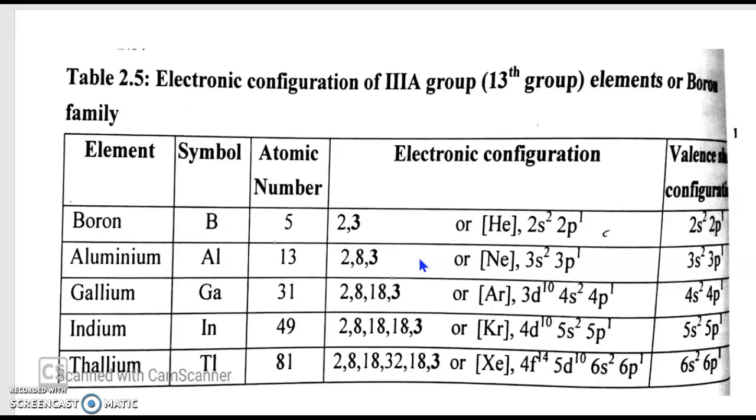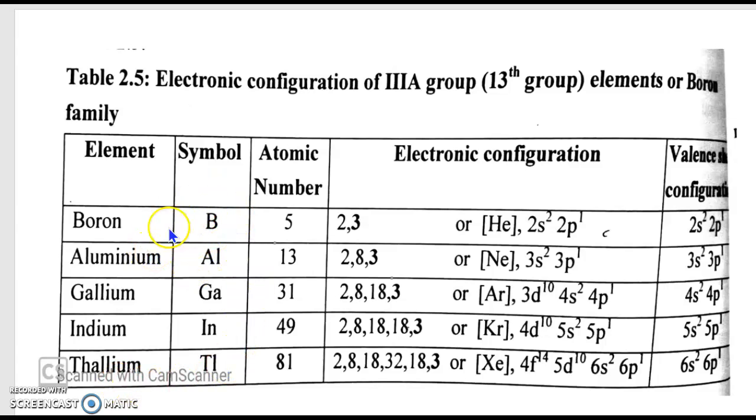The 13th group elements are also called third A group elements, or the boron family, having five elements, that is boron, aluminium, gallium, indium and thallium.